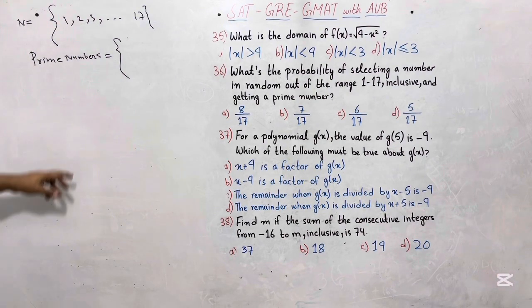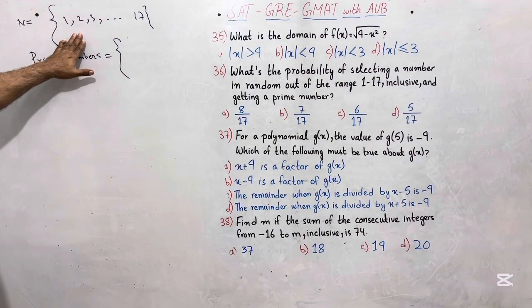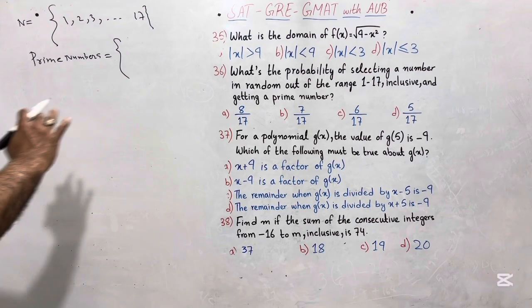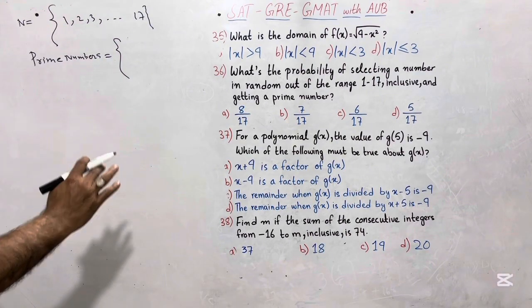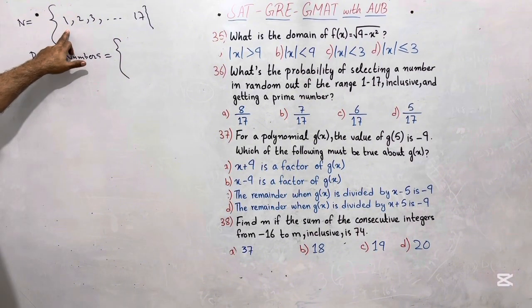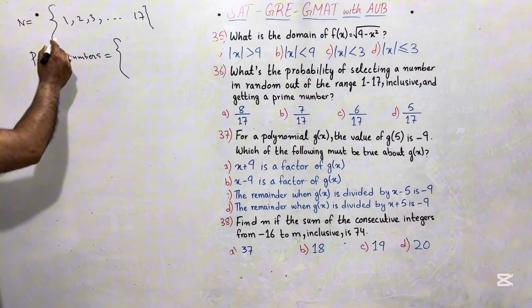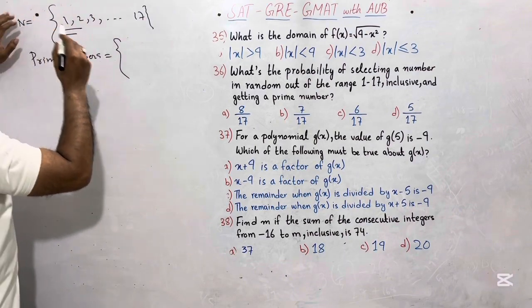And secondly, 2 is the only even prime. The rest of the primes are odd. Keeping these two facts in mind, the rest is easy.